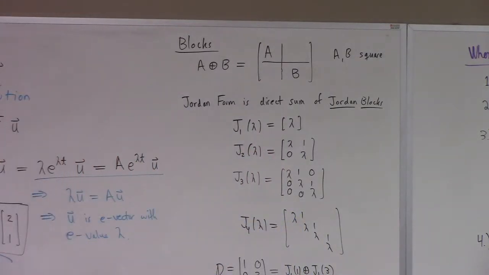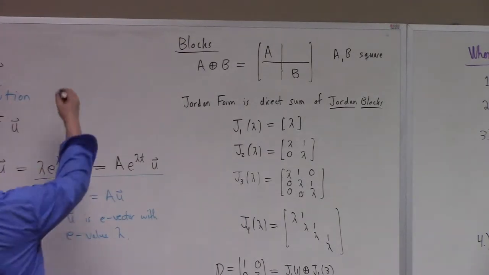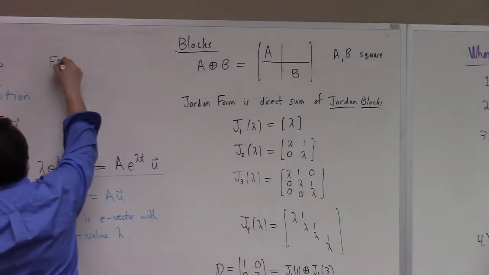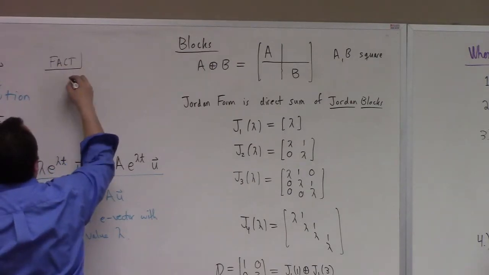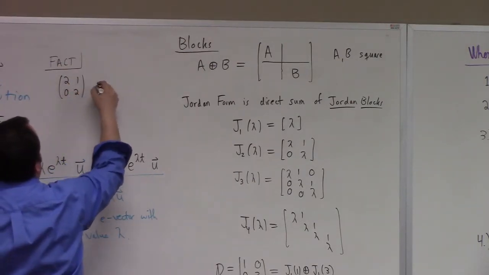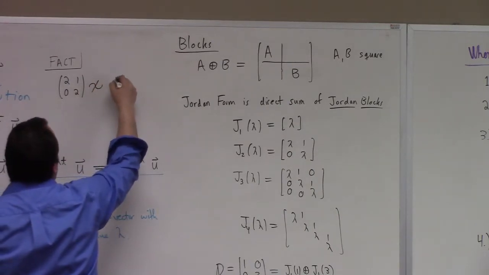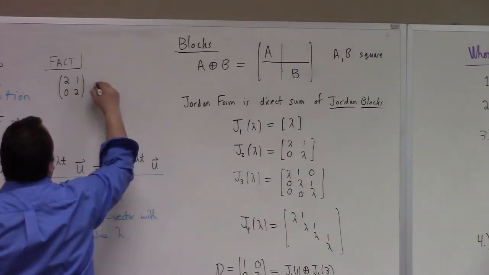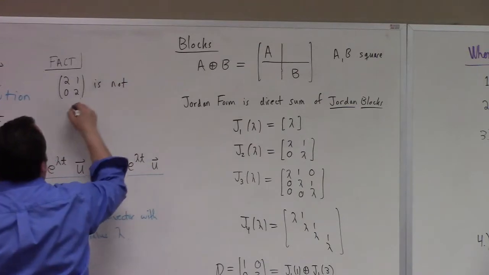Diagonal matrices are Jordan form. But the converse is not necessarily true. Okay? Like, it is impossible. Fact. Okay? 2, 1, 0, 2, this matrix is not diagonalizable.